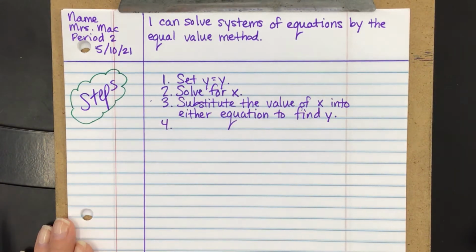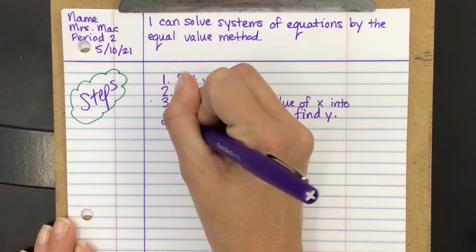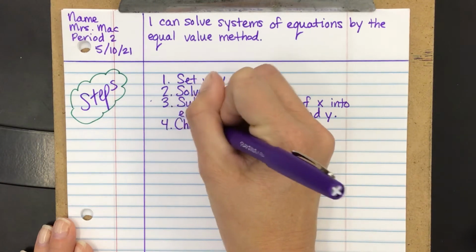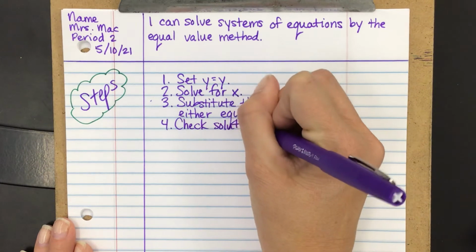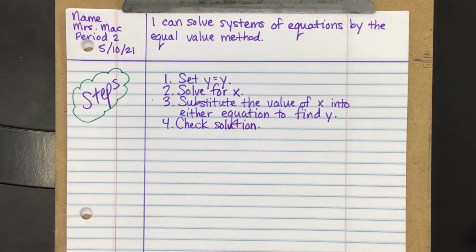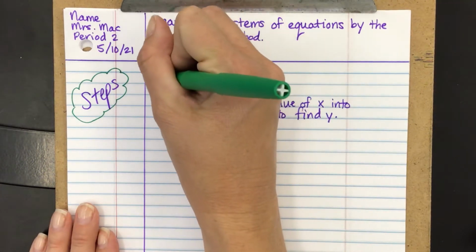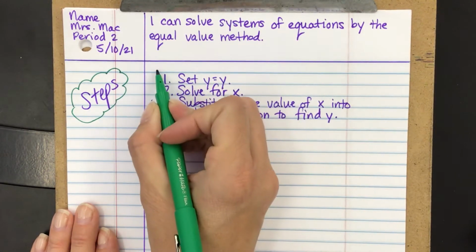Then the last thing you're going to do is you're going to check your solution. If you didn't follow those directions, that's okay, because we're going to do an example right now, and that should clear it all up for you.